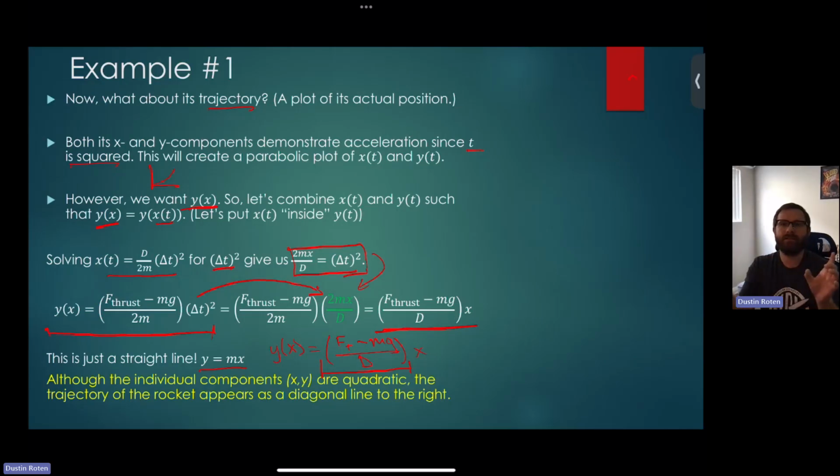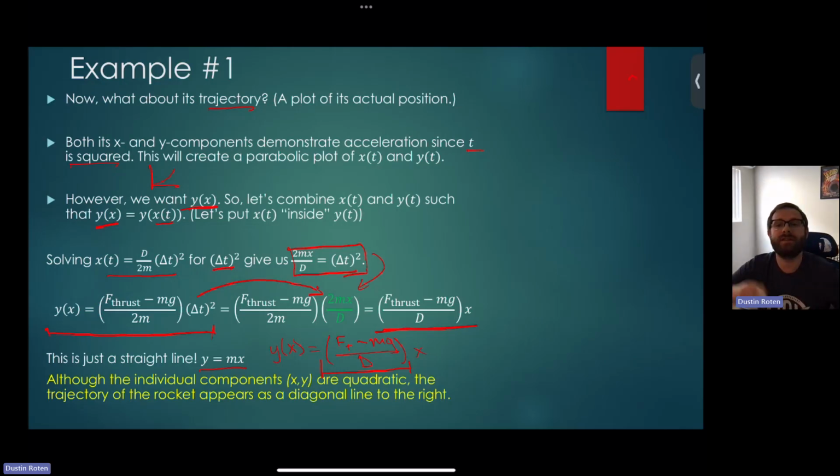So even though we have an acceleration in the x direction and an acceleration in the y direction, what you're looking at when we actually watch the trajectory of this rocket is it's actually just following a straight line, y equals mx from the origin. Now it's going to travel that line faster and faster because its coordinates are accelerating. But when we watch this happen in real life, it's just going to travel a linear distance.